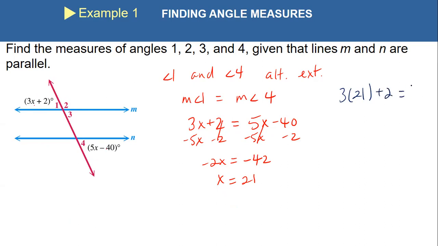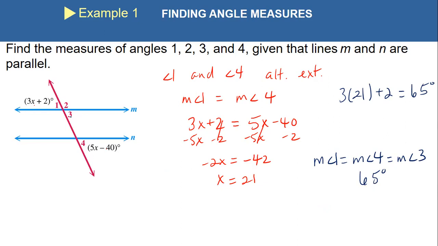We get 65. So we know that the measure of angle 1, which equals the measure of angle 4, which also equals what? Yeah, but what else? What other angle also equals 1 and 4? 3. This also equals the measure of angle 3, which is going to be 65 degrees.